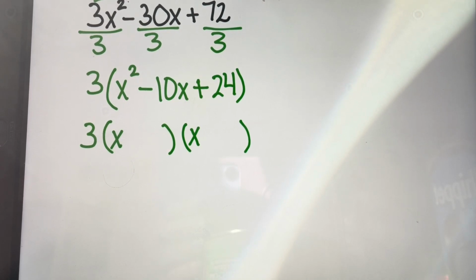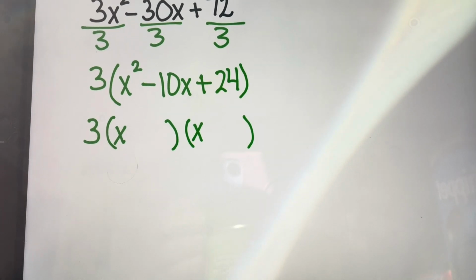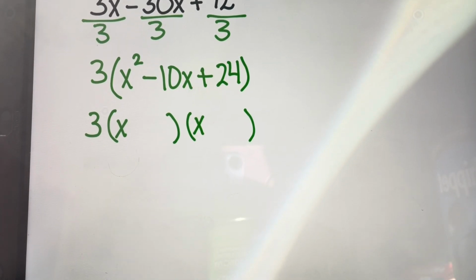Now, 2 numbers that would multiply to make a positive 24, but add to give a negative 10. Well, the only way I can get a negative is if there's negatives in my factors. And I know I can't put a single negative. It has to both be negative because I need that positive 24. So I'm thinking negative, let me think.